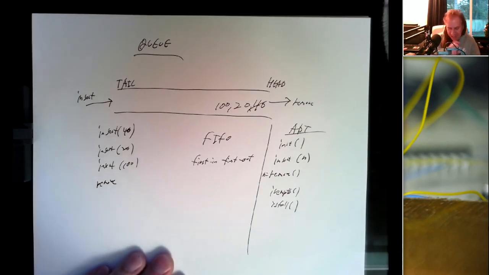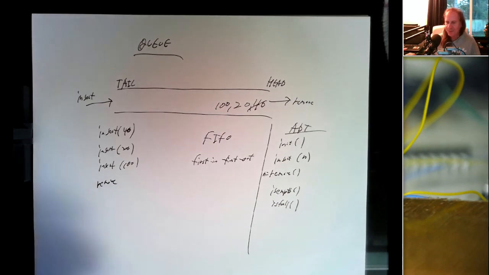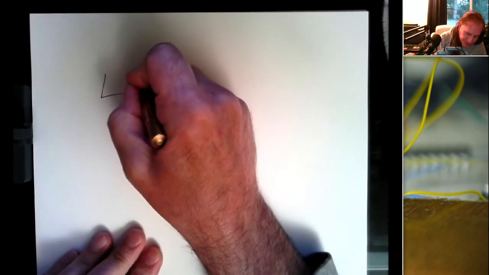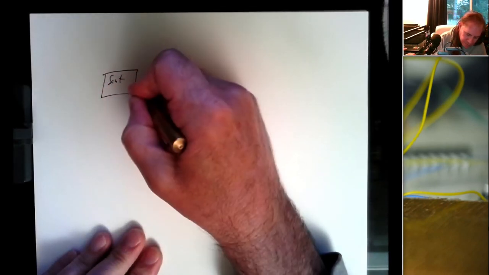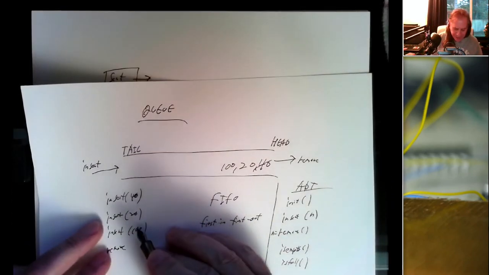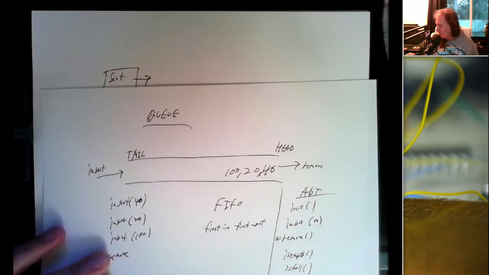Just like with the stack, we have 2 immediate ways we can implement a queue in software. One is using a linked list, the other is using an array. Let's begin with the linked list version. So imagine a Sentinel node. We inserted a 40, then a 20, then a 100.